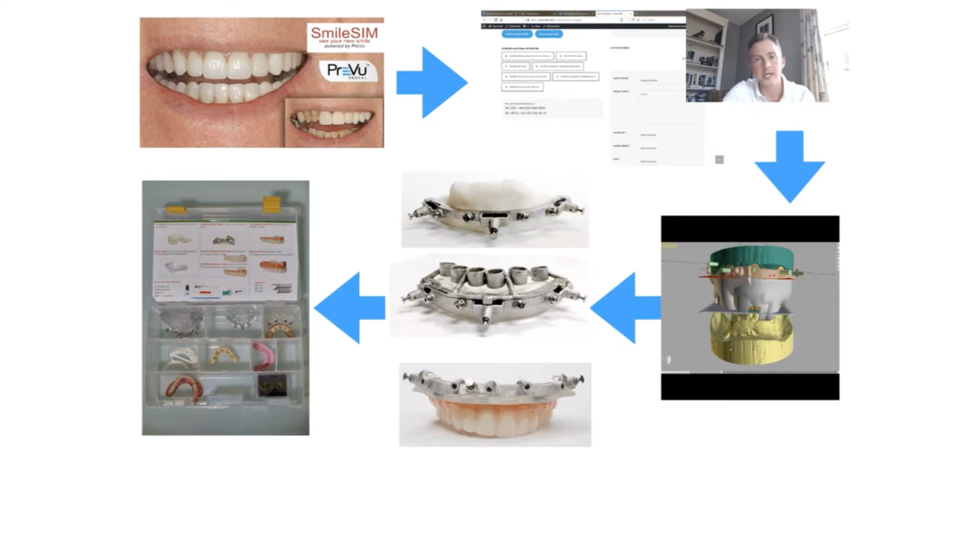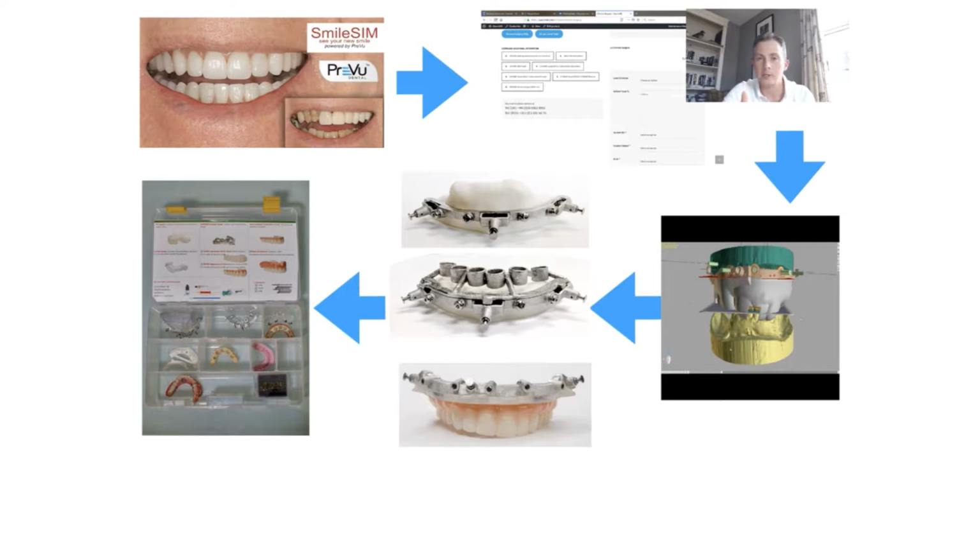So once that is all ticked off, the online meeting, which takes about 15 to 30 minutes, is done. You then receive an email, and on that email you get all the components that you need to order from your implant representative, and the case then goes into manufacture.